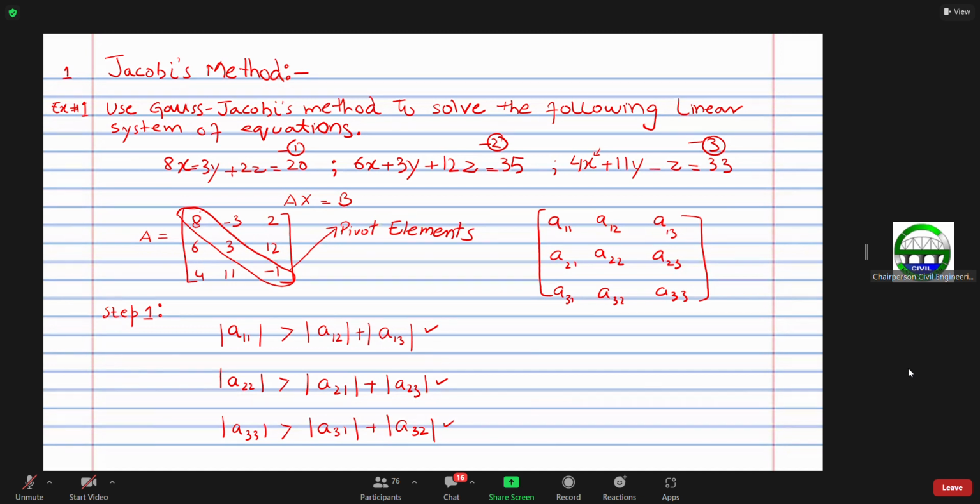In the first one, A11 is 8. The magnitude of 8 is greater than the magnitude of A12 and A13. This condition holds for our particular example.